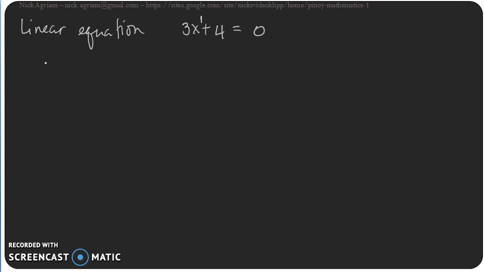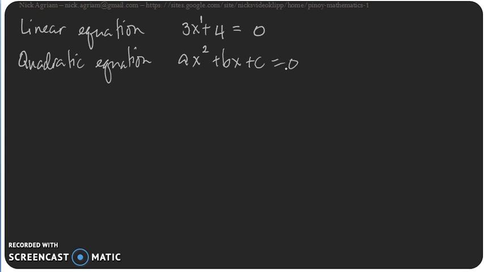In this unit in grade 9, we will be discussing quadratic equations. A quadratic equation always looks like this: ax squared plus bx plus c is equal to 0.